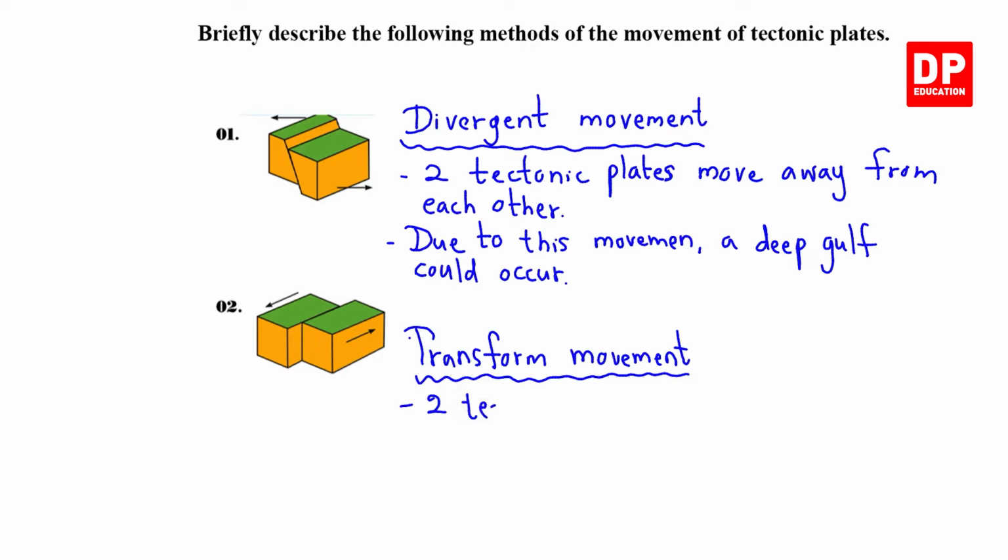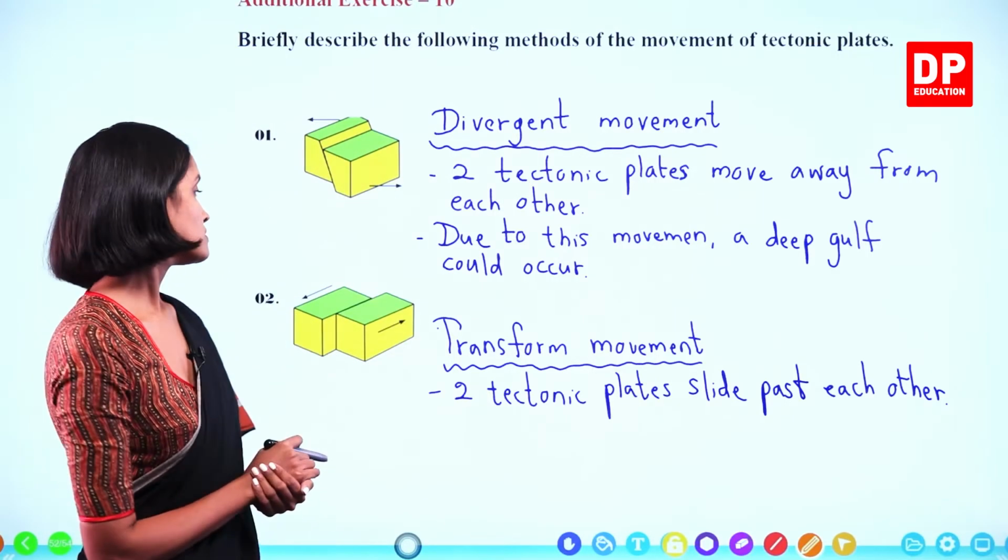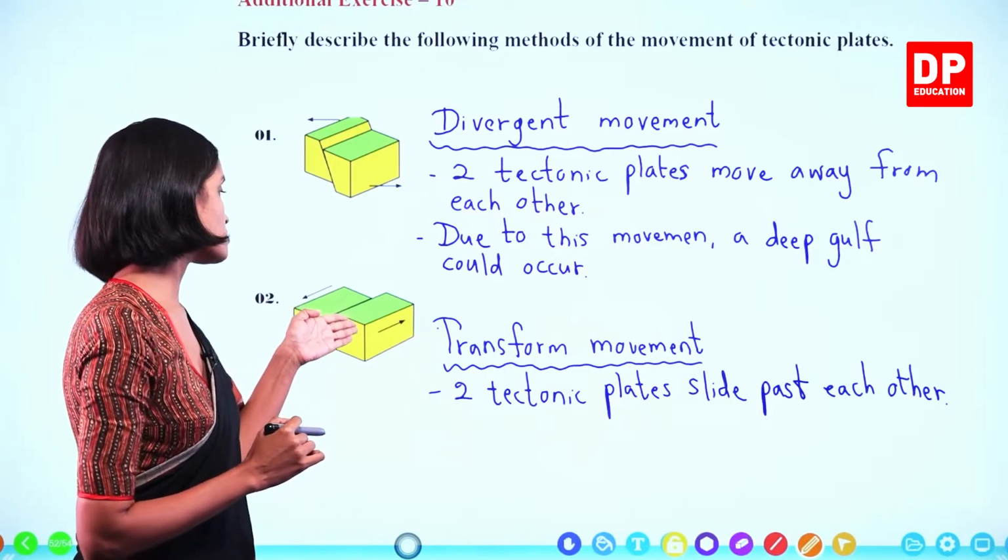Two tectonic plates slide past each other. Right, children? What could be the result of this?